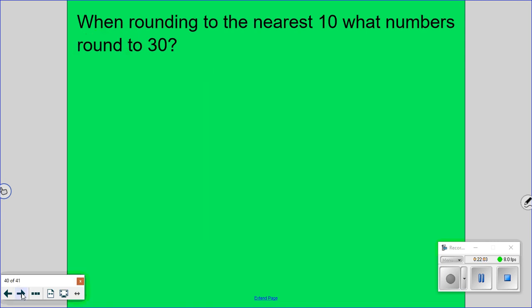All right, let's try one more. You do not need to write the whole question down, but now we're going to look at the number 30. What numbers would round to 30? We're just going to do a number line. Put 30 in the middle. And we need to think of some numbers that would round to 30.